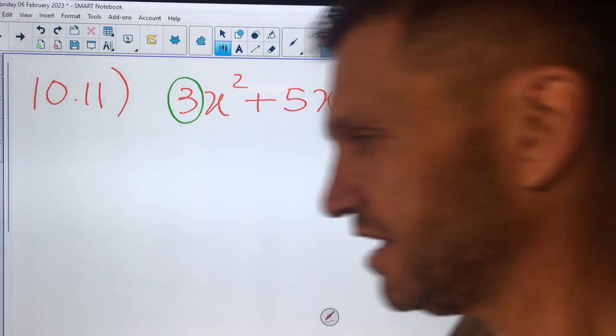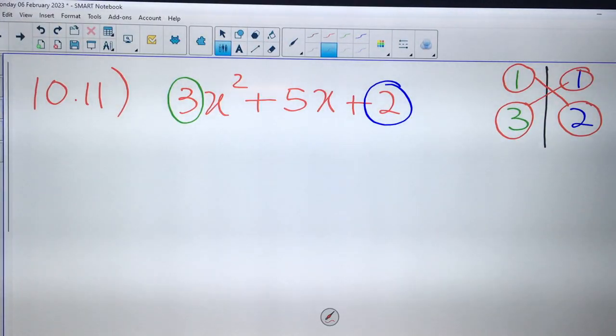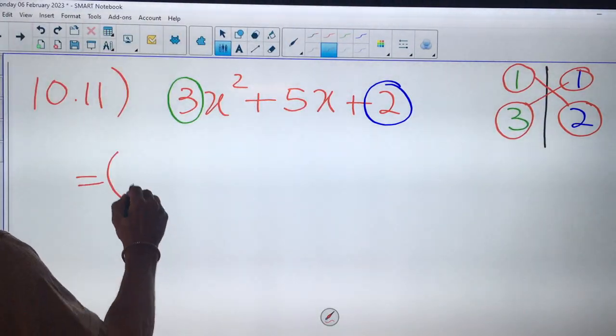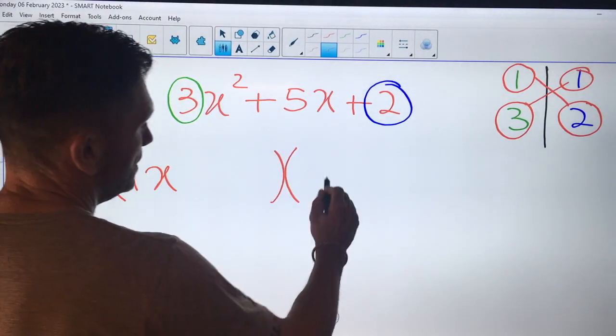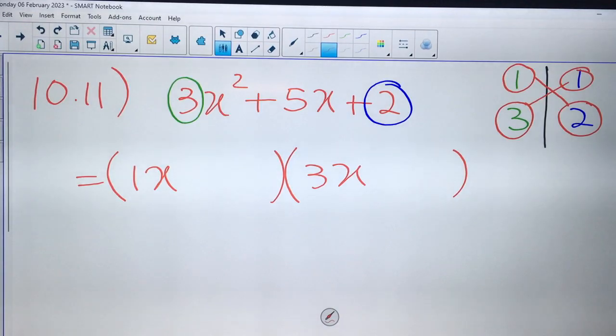So first we have to decide which ones we're going to use to multiply to each other. This is on the x side where the green is. So we will have 1x and we will have 3x. Maybe I should have this in green.